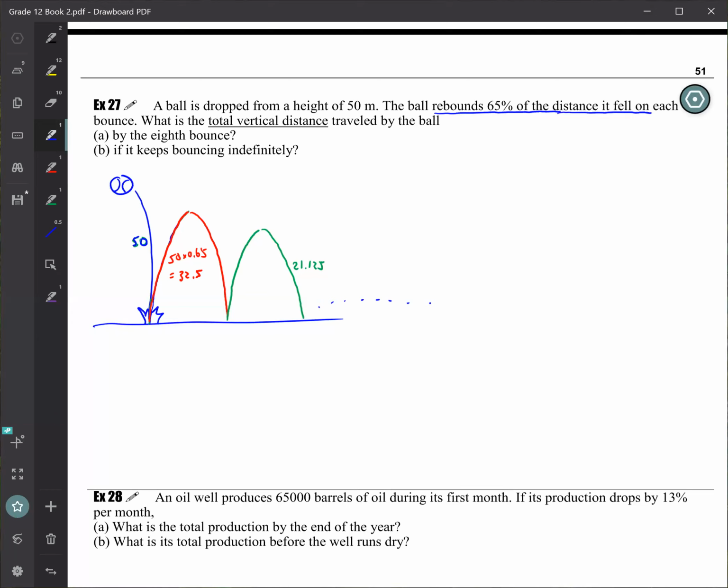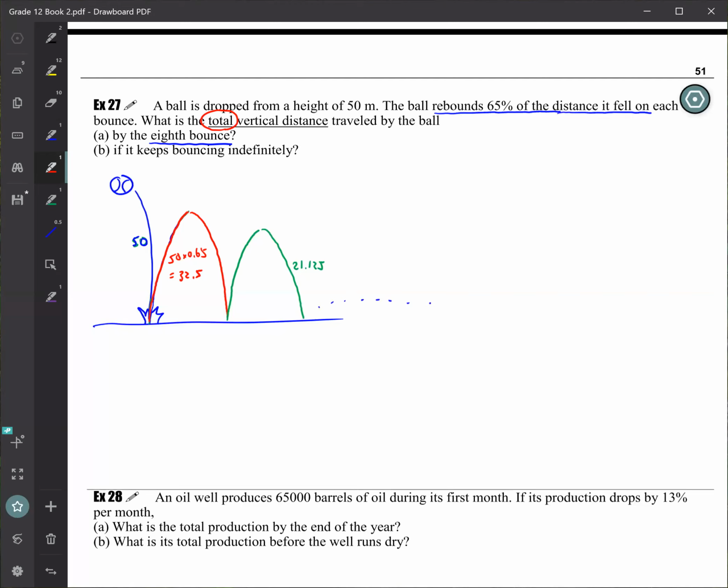So the question here is asking, what is the total vertical distance? Vertical means going up and down, right? What's the total vertical distance traveled by the ball by the 8th bounce? Because it mentioned the word total, is it talking about sequence or series?